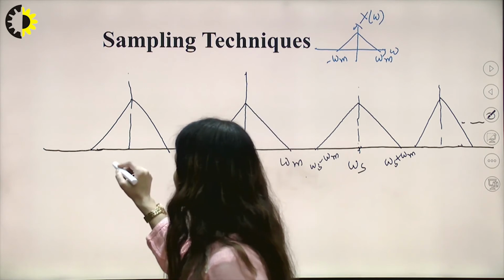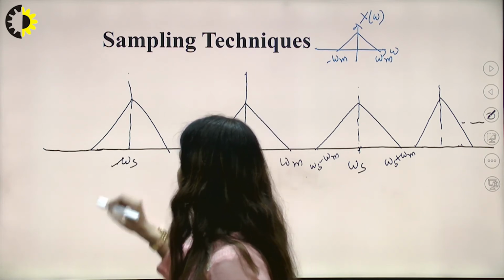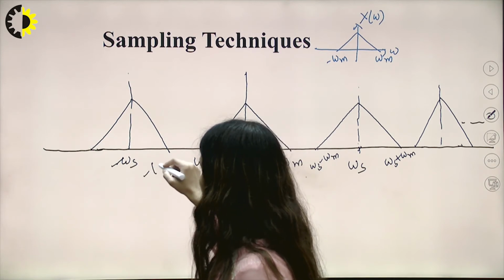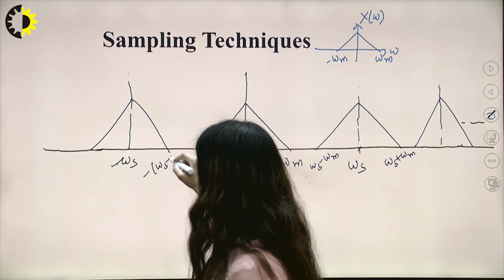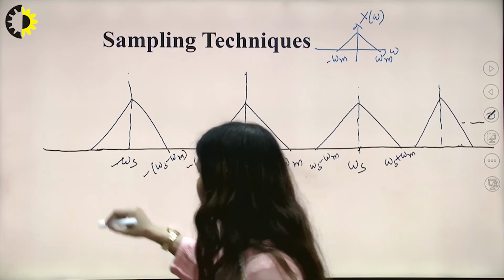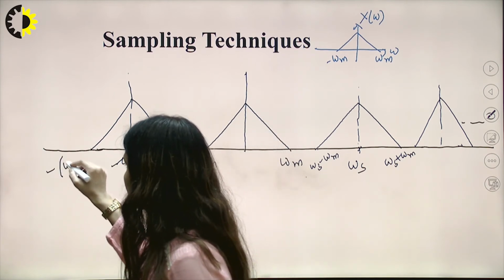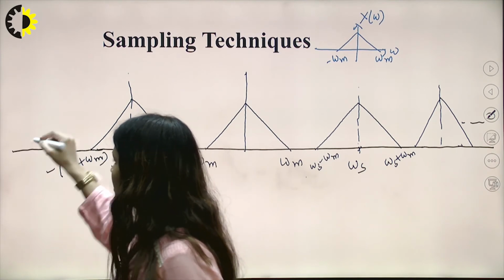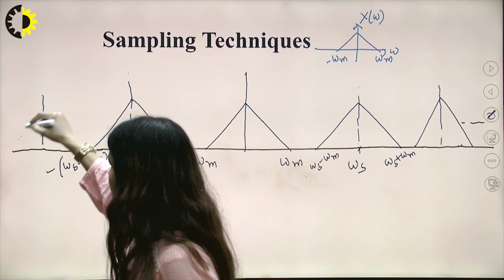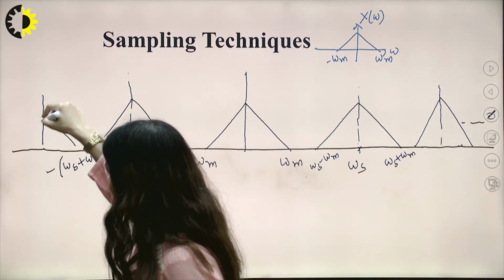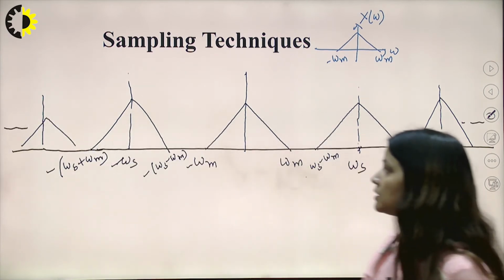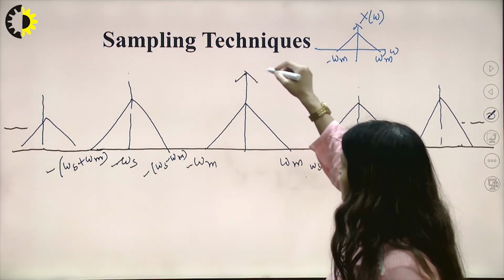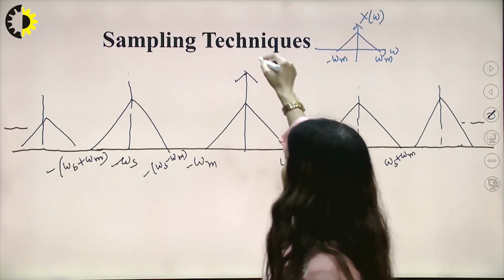So here it is minus omega s, and this will be minus omega s minus omega m, and this is minus omega s plus omega m, and similar structures will be obtained towards minus infinity. So here this is my spectrum for S of omega.